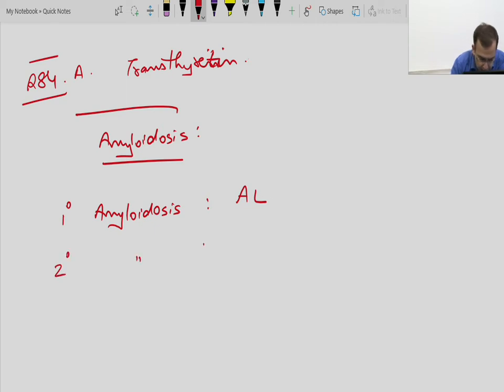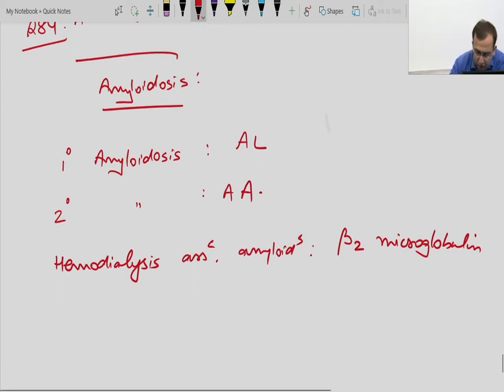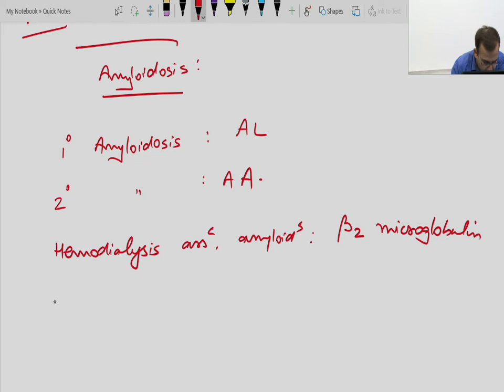Secondary amyloidosis, AA, amyloid associated protein. Next, hemodialysis associated amyloidosis, that is beta 2 microglobulin. Which protein is getting deposited? Beta 2 microglobulin.